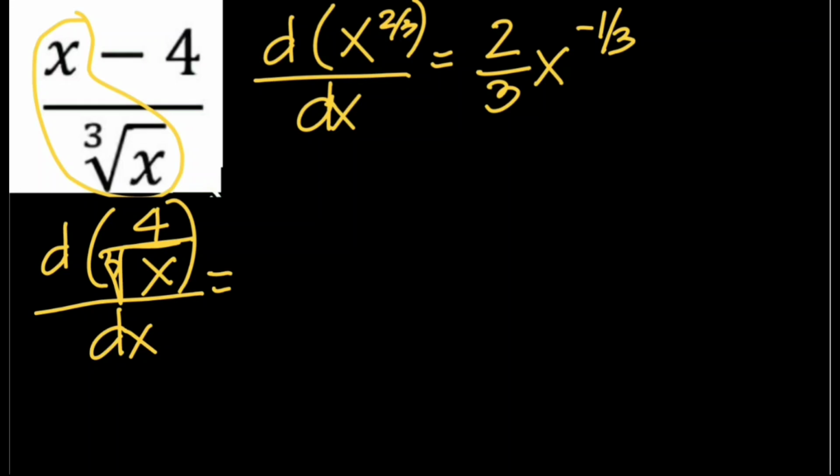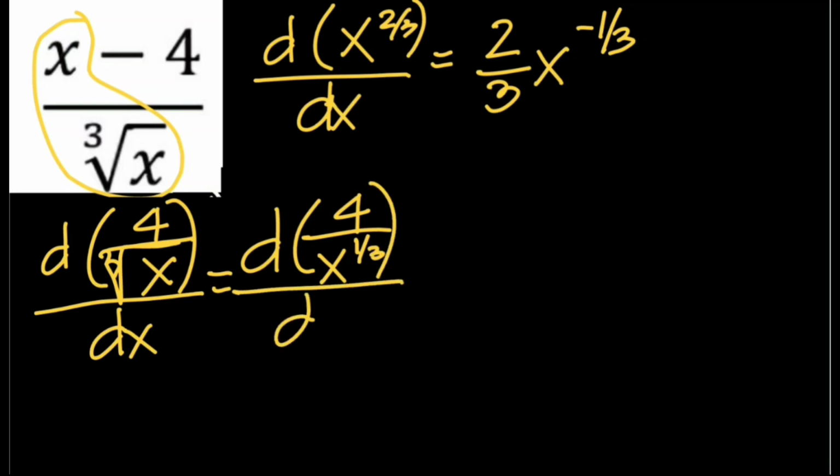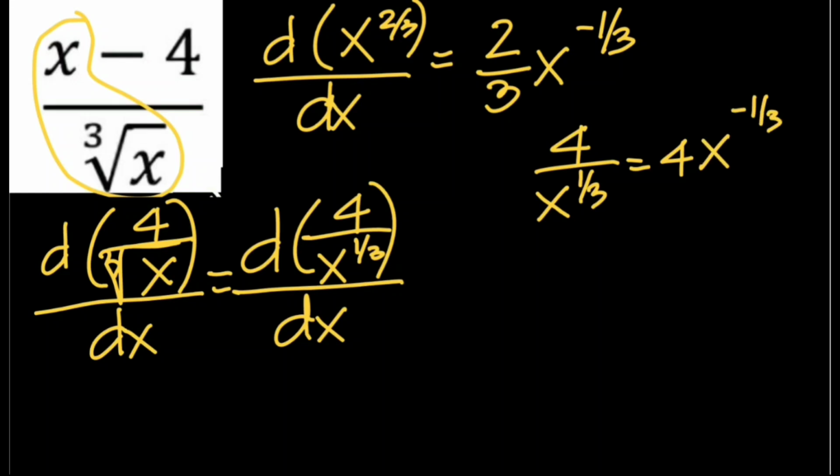We can write 4 over cube root of x as 4 over x to the 1/3, which we can write as 4 times x to the -1/3.